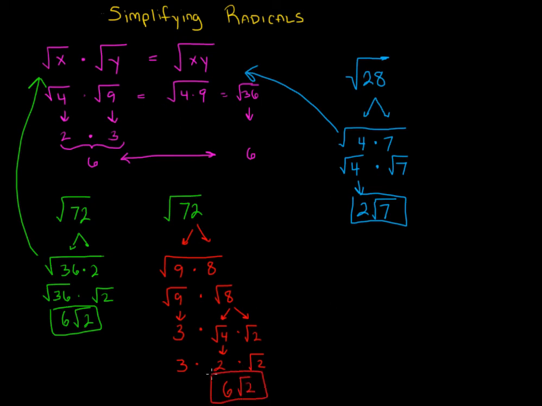So you notice that we get the same answer. We broke it apart differently, and this one took a little bit more steps. And this is why I said earlier that it's helpful to pick the largest perfect square that goes into that number, because there are fewer steps, fewer chances to mess up is the way I think about it. If you don't pick the largest perfect square, it will work. You're just going to have a little bit more work to do.